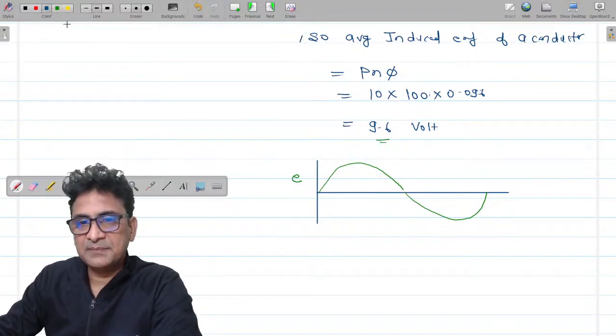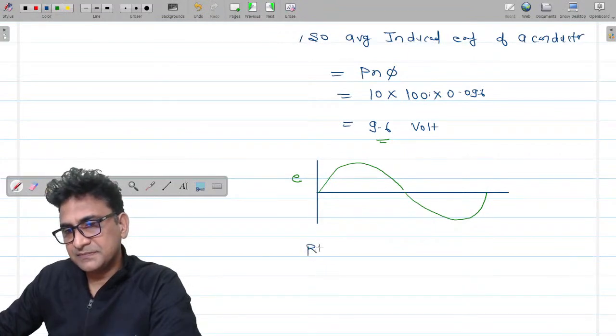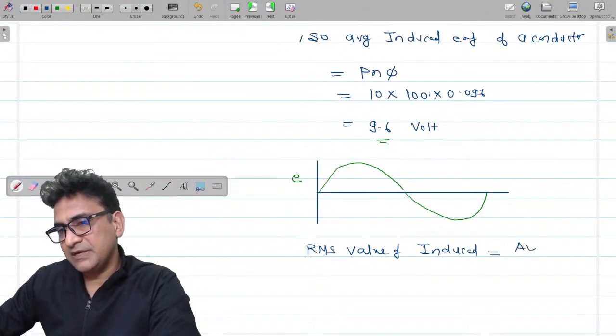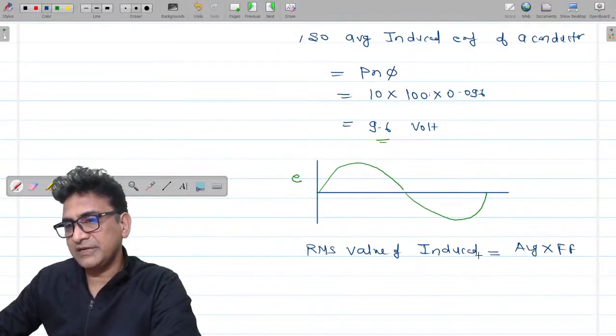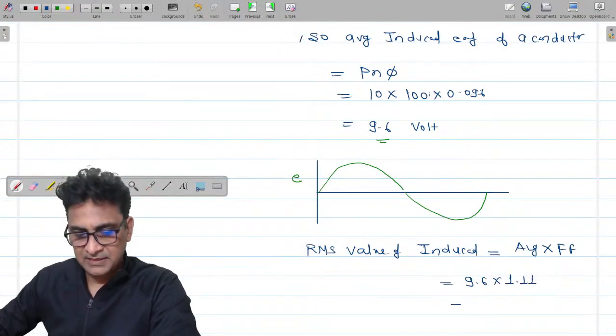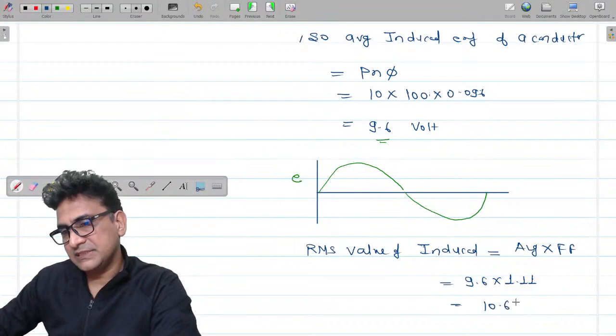So what will be the RMS value of induced EMF? If you know the average quantity, how to find out the RMS quantity? Average quantity multiplied by form factor, and the form factor of a sinusoidal quantity is 1.11. So multiply it by 1.11. You will get 10.65 volt.